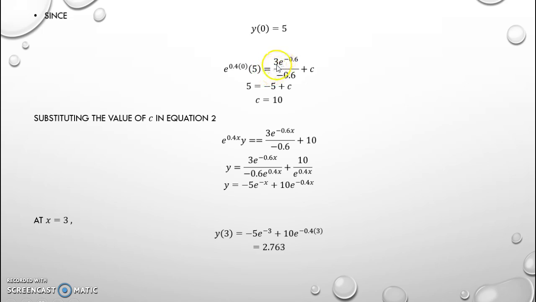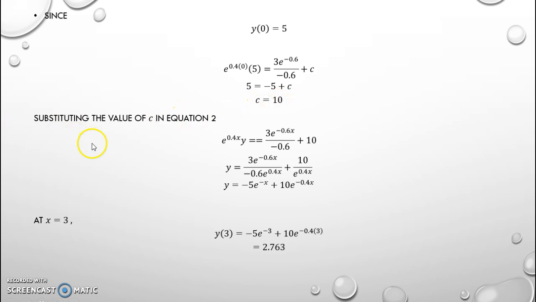Then we get 5 times 1 equal to 3 e to the power of negative 0.6 times 0 over negative 0.6 plus c. So from this we can find c. Then we get 5 equal to negative 5 plus c. Then c we get 10.